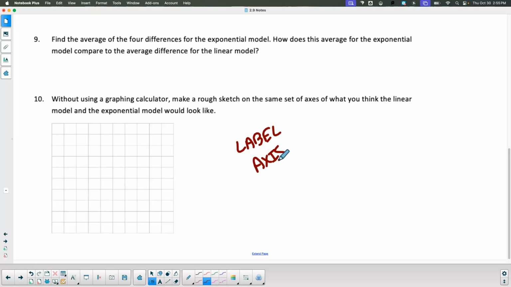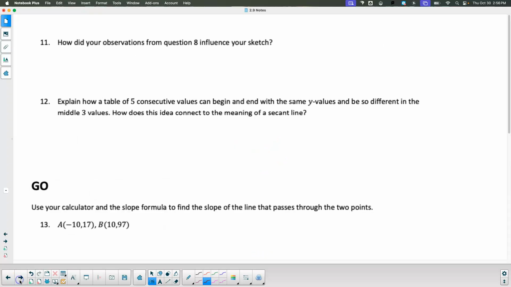Like words? Yeah. Okay, so we need to label it in words, and units. We got to have numbers on there too. When I say label your axes, I want a description of what that is, and it can be one word: money, value, something like that. And numbers, or it could be time, and then you could say minutes or something like that. So when we say label our axes, we've got to do a better job of labeling our axes. Okay?